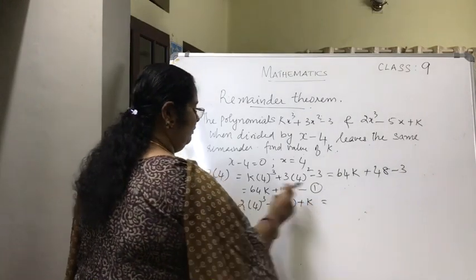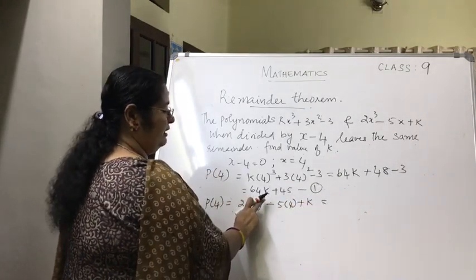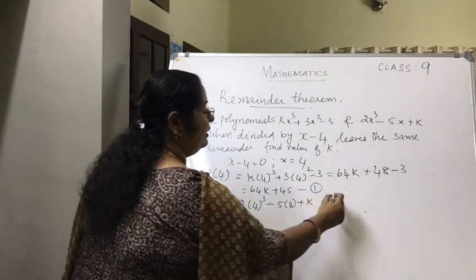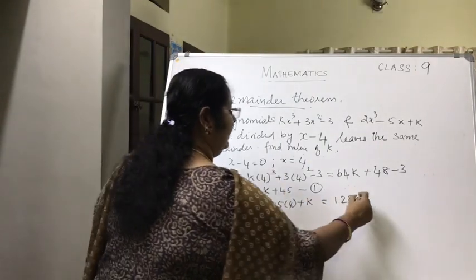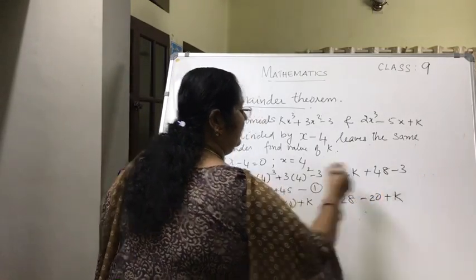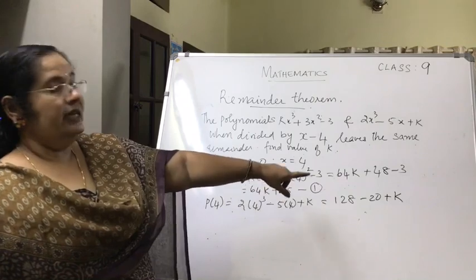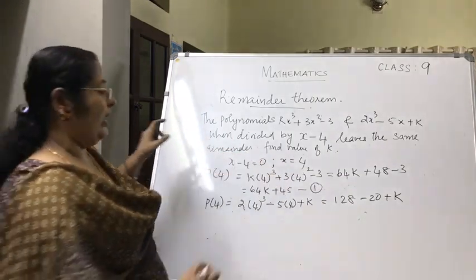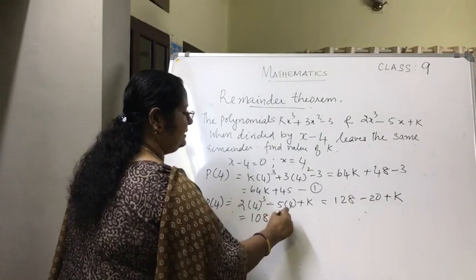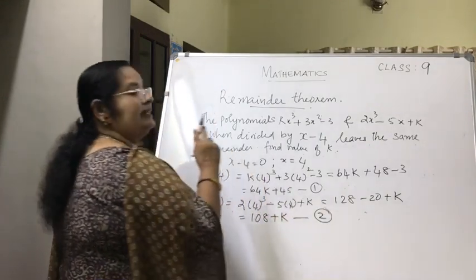Again 4 cube is 64. 64 into 2 is 128 minus 5 into 4 is 20 plus k. So 128 minus 20 will be 108. So this will be equal to 108 plus k. This is the second remainder.